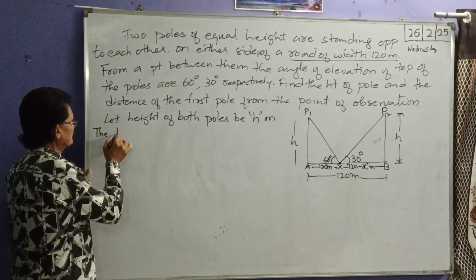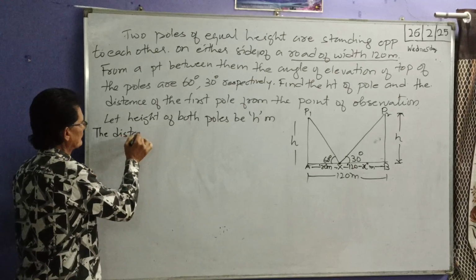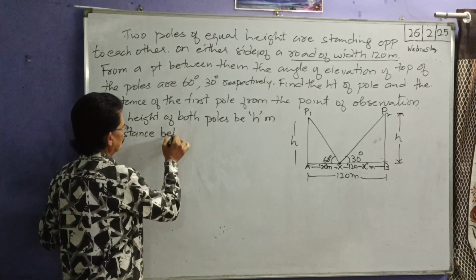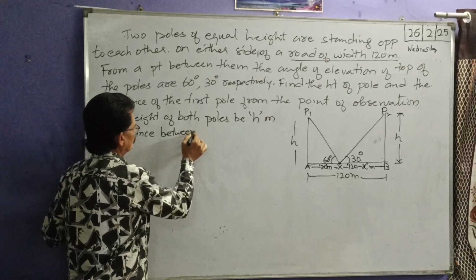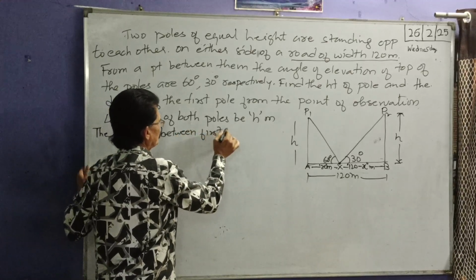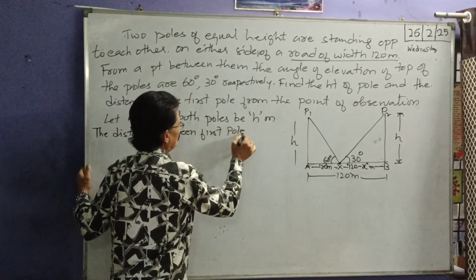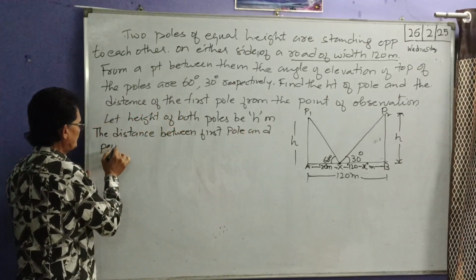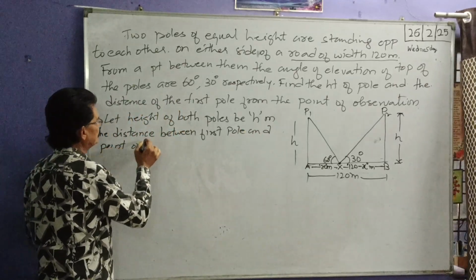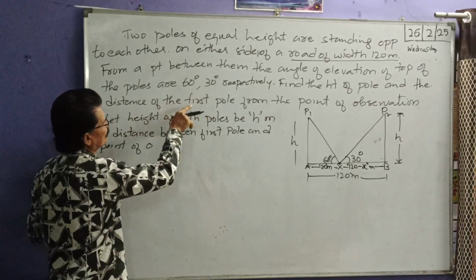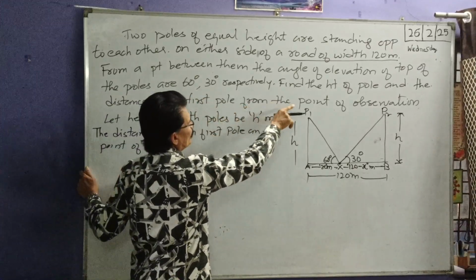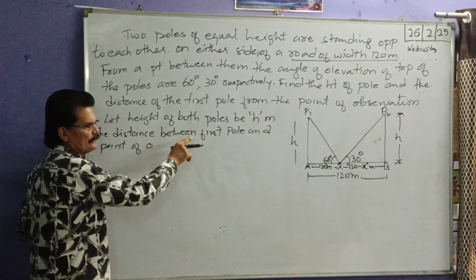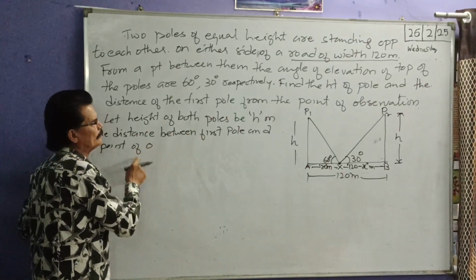The distance between the first pole and the point of observation.